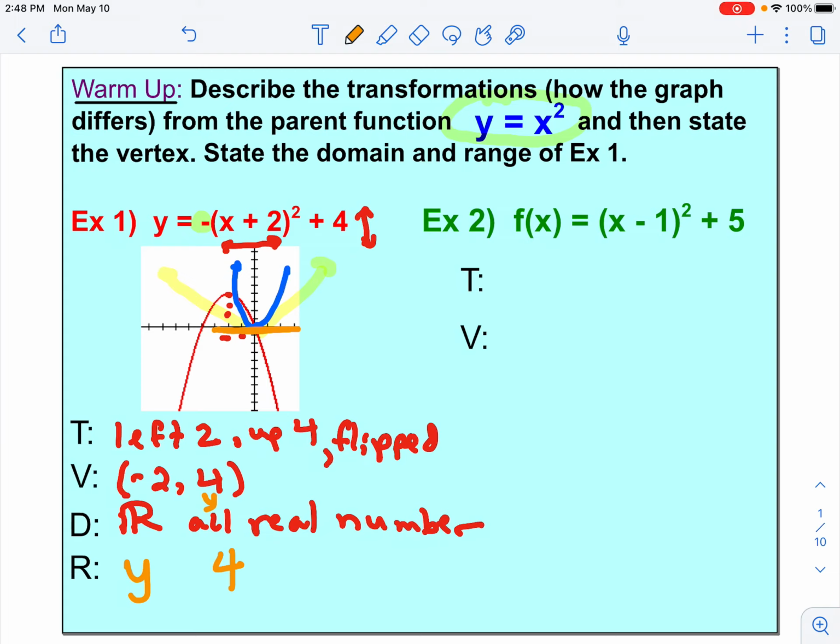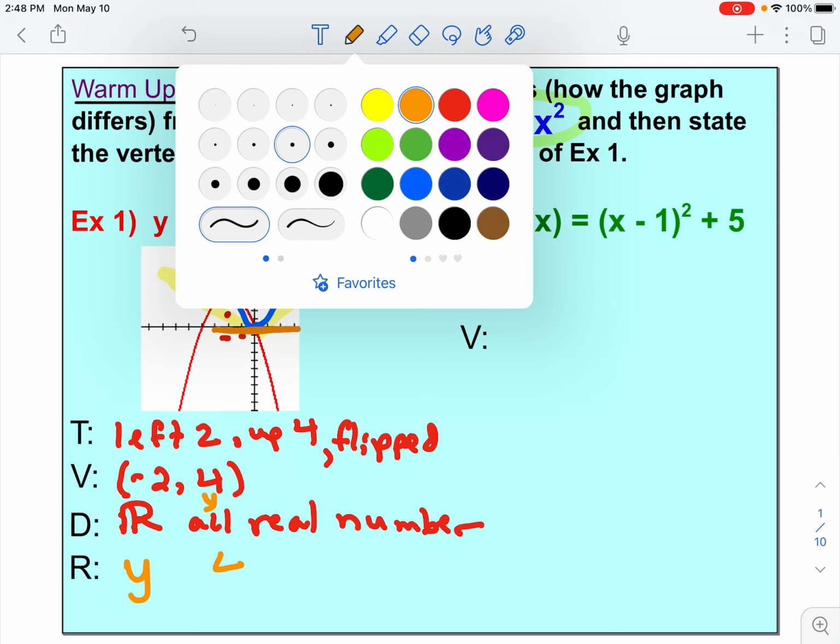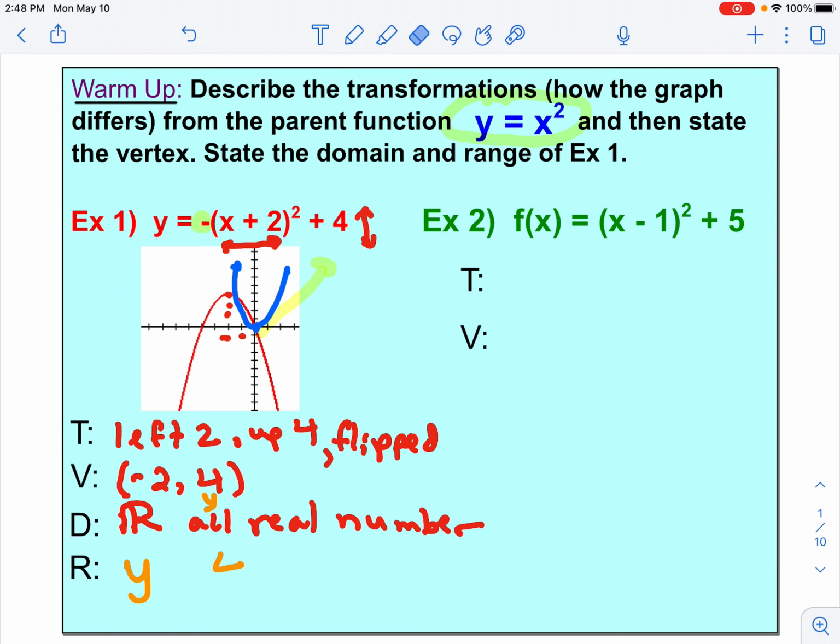Oh, sorry, I did the wrong vertex. I was doing the parent function, sorry. So my y values never go above that value. So my y values compared to 4 are less than or equal to.